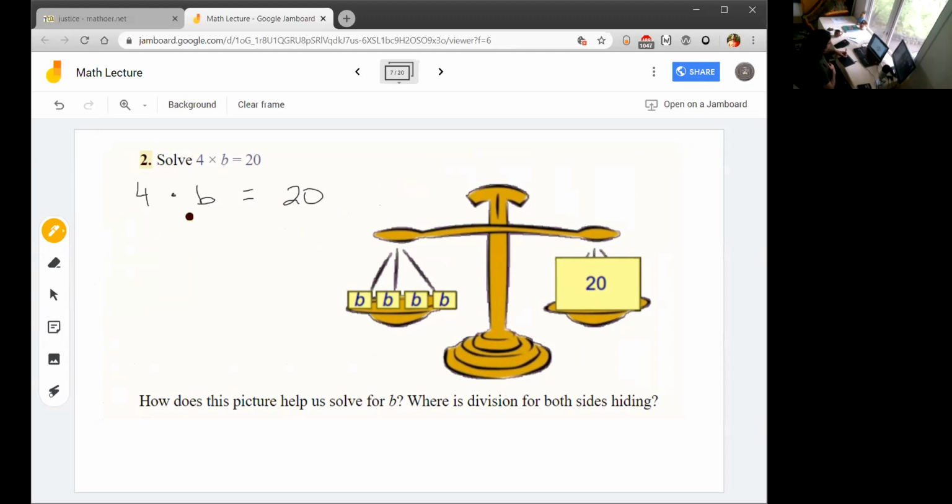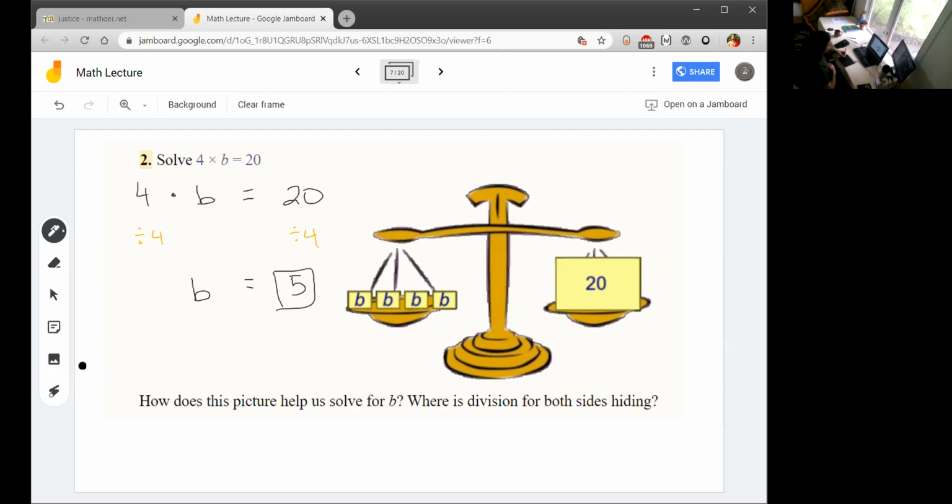I need to get b by itself. The opposite of times 4 is divided by 4. So b times 4 divided by 4 is back to just b. 20 divided by 4 is 5, and I know the answer is 5.